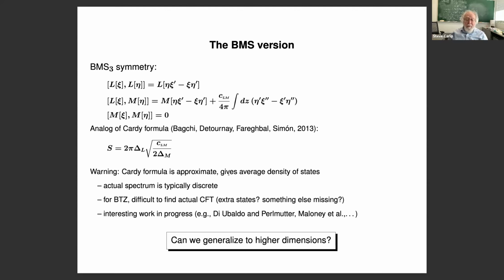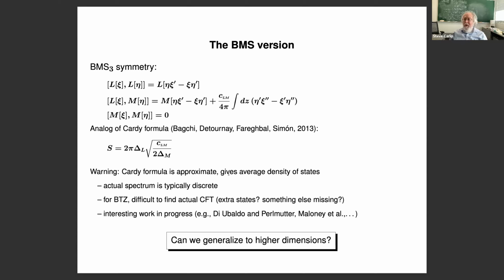But a few years ago, in 2013, so this is again a 10th anniversary, Bagchi and collaborators showed that there's another two-dimensional symmetry called BMS3, or Bondi-Metzner-Sachs 3, that also has a Cardy-like formula that determines the density of states.